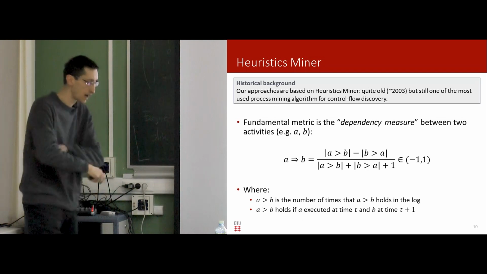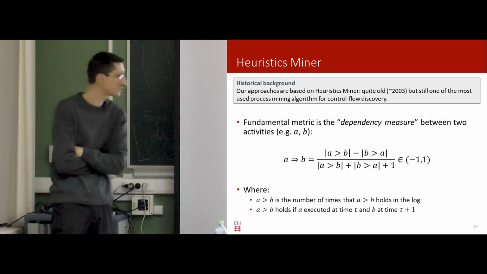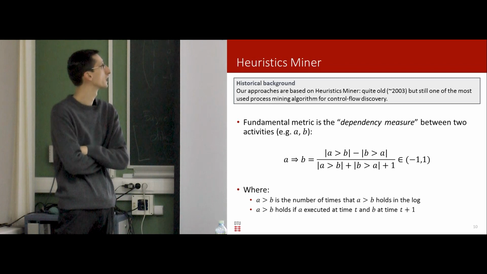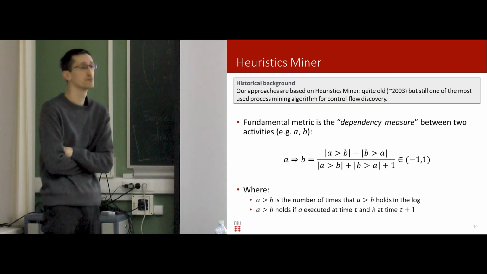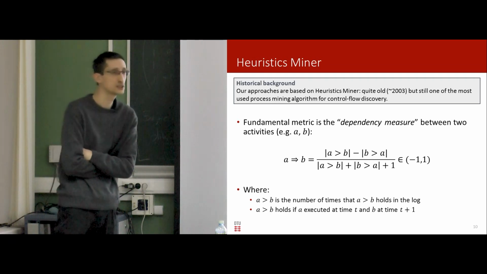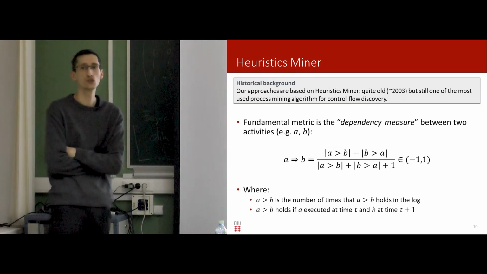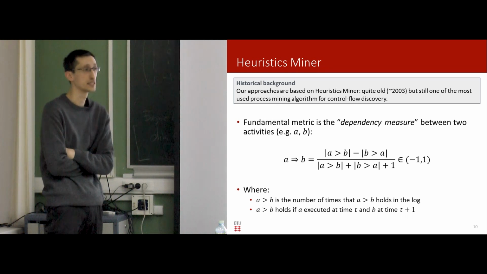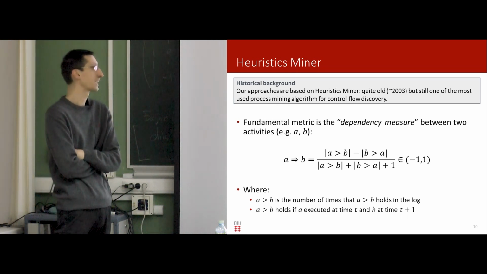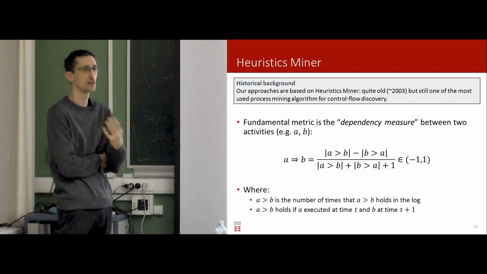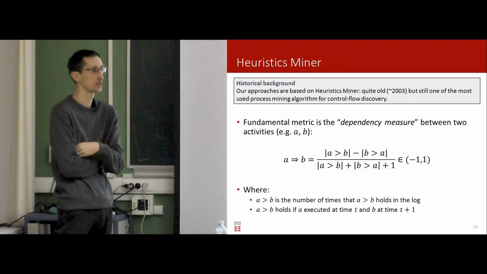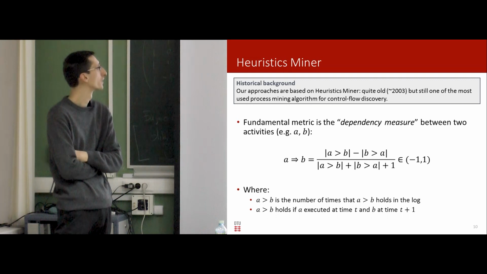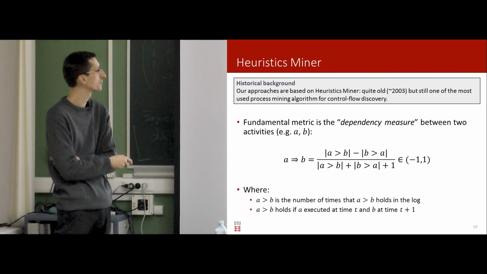So the algorithm we implemented for this problem is called heuristics miner. This is a fairly old algorithm, but it's still widely used, especially in industry, at least in Italian industry. I guess that's because it's fairly simple and people can really understand what is going on under the hood. The most important metric of this algorithm is called dependency measure.